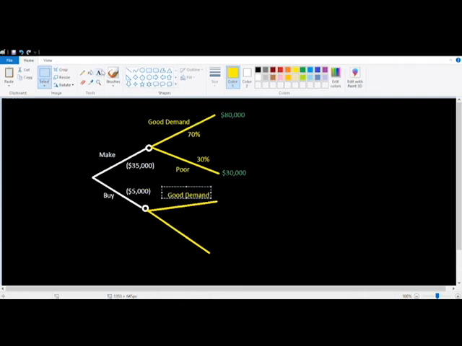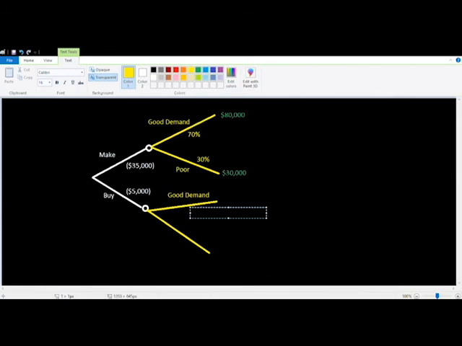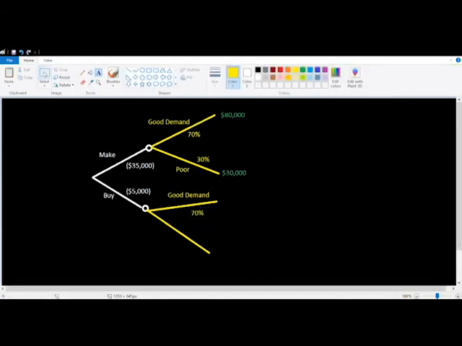So 70% and 30% for poor conditions. And of course here we have $50,000 profit versus 15,000.